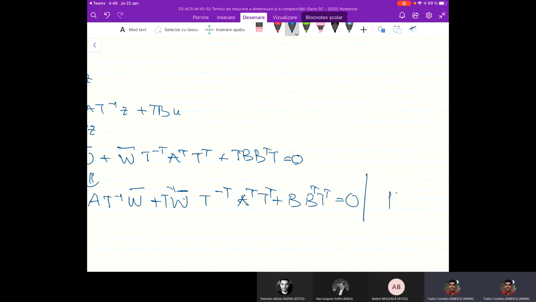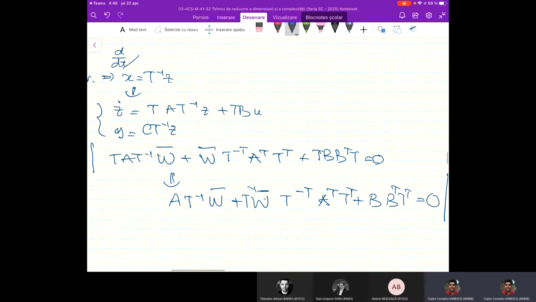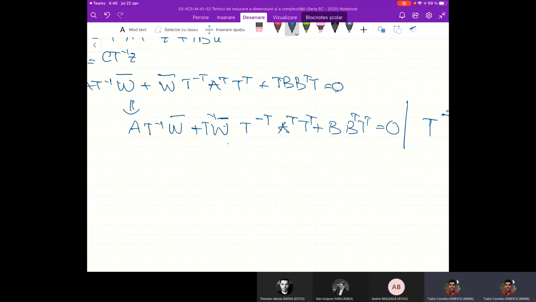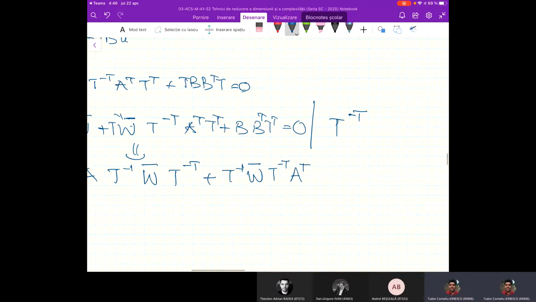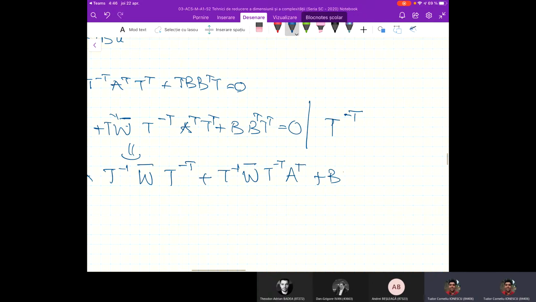Now you multiply this with T transposed inverse, T minus transposed. And you get A T inverse W bar T minus transposed plus T inverse W bar T minus transposed A transposed plus B B transposed equal to 0.